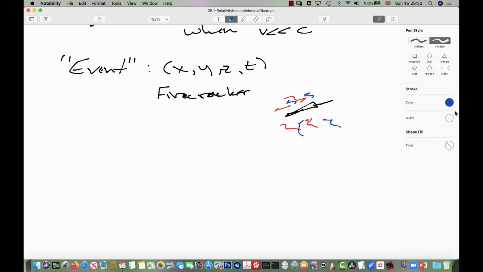This firecracker exploded at a very specific time, and it also exploded at a very specific position. Combine the position together with the time, that's what we call an event. Okay.